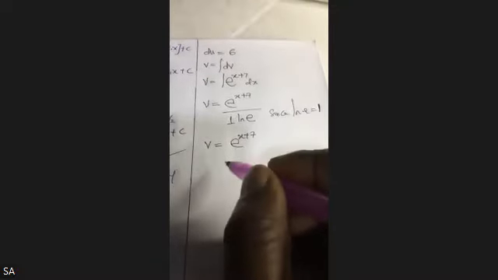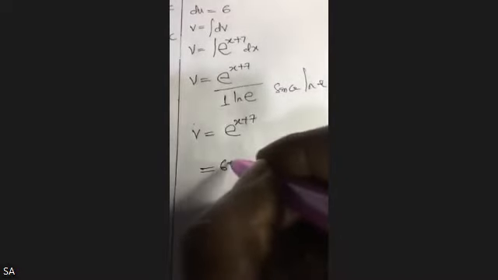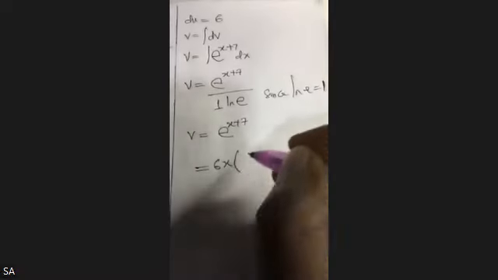Okay. So class, the next thing we'll do, we'll now substitute into the main equation. Remember, we have uv minus integral of v du. So what is u? Our u is 6x. Then what is v? Our v is e raised to power x plus 7, minus integral of v.